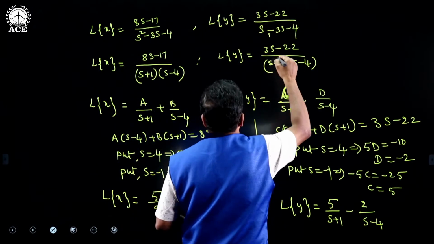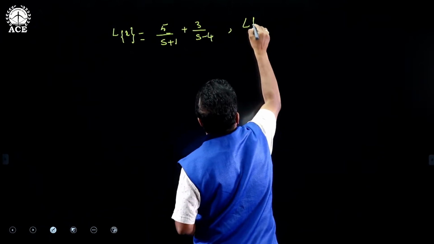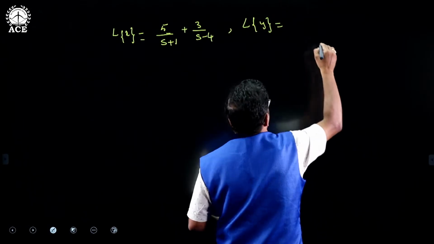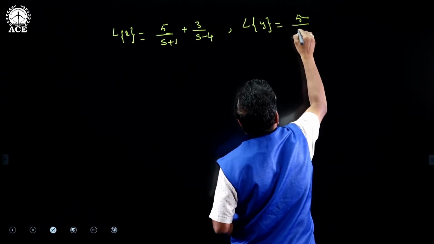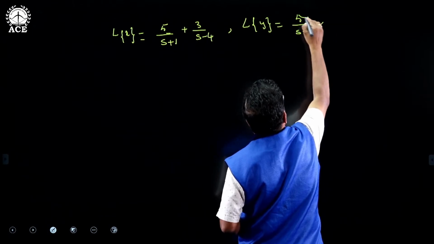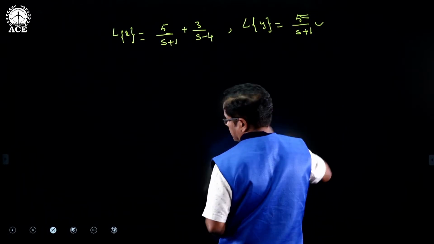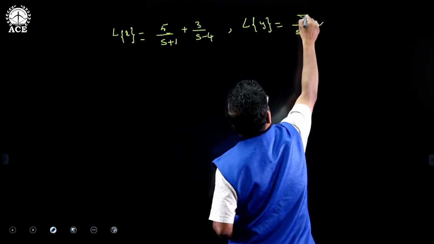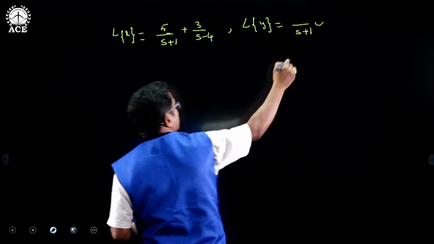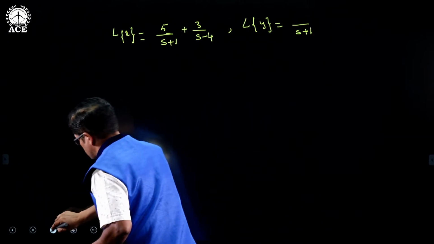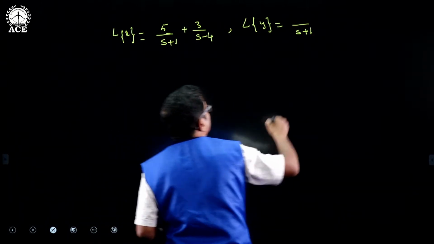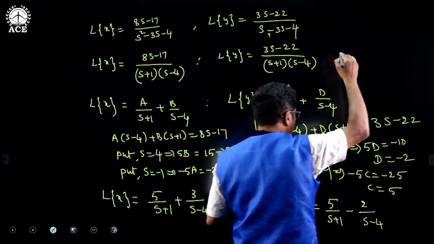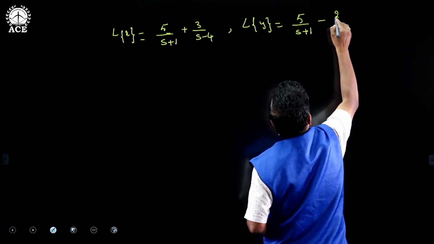Next, L of y equals 5 by s plus 1 minus 2 by s minus 4.